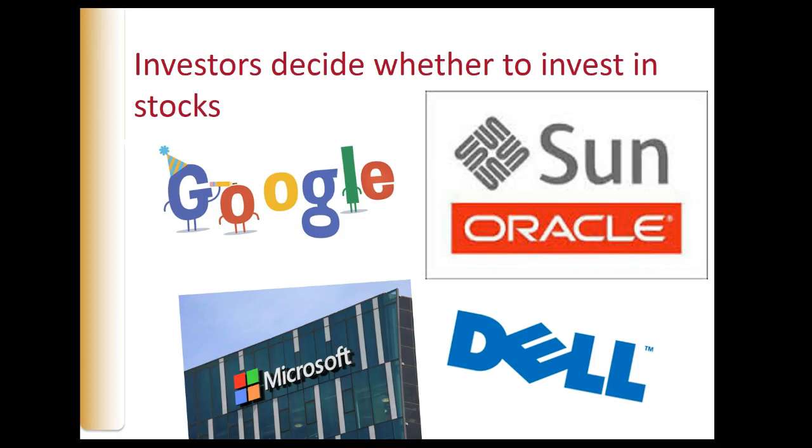Many individuals invest in stocks. Now, 401k plans through work are a very common manner in which most individuals invest in stocks. Google, Sun, Microsoft, Dell. How does an investor decide which of these four companies to invest in?